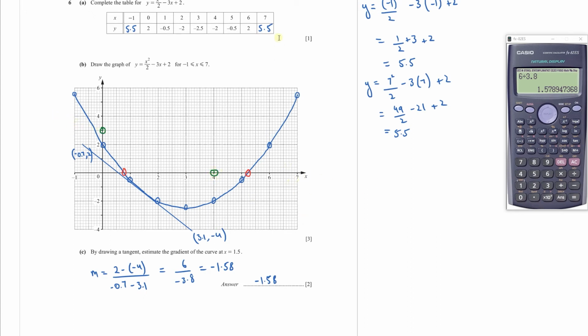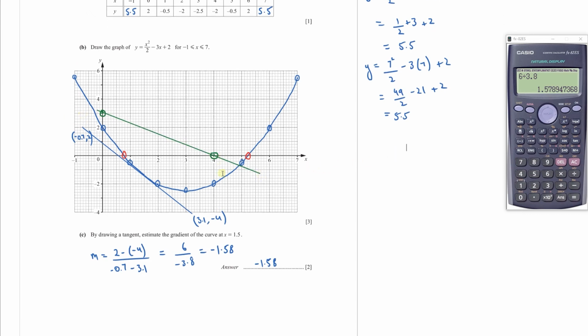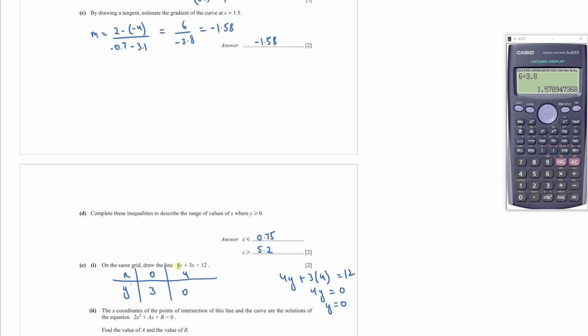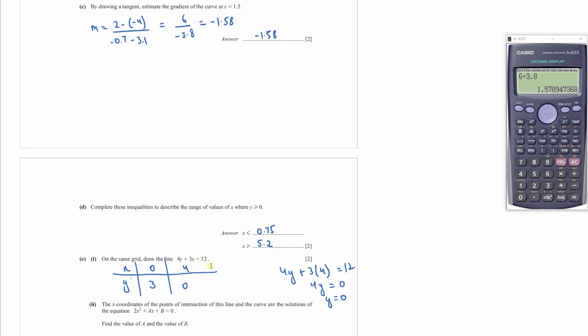So we can draw a straight line which passes through these points. So something like this. So this will be your line represented by this equation, 4y plus 3x equals 12.